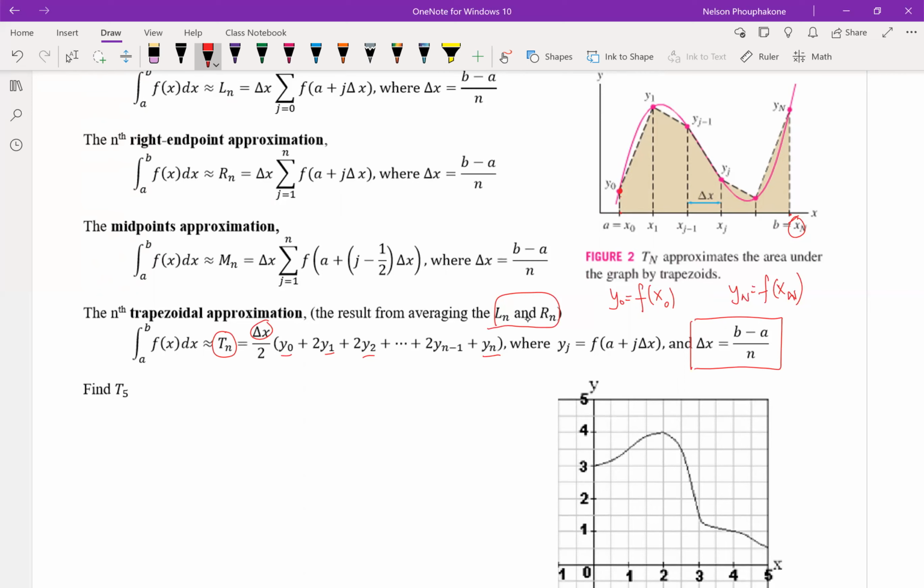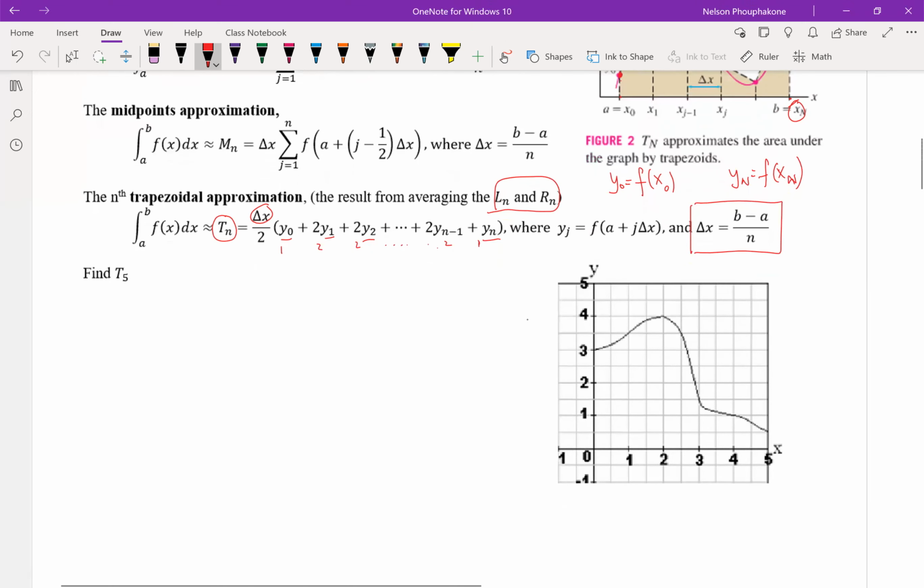So you will see that the pattern of the coefficients is 1, then 2, 2, 2, 2, and the last one is 1.